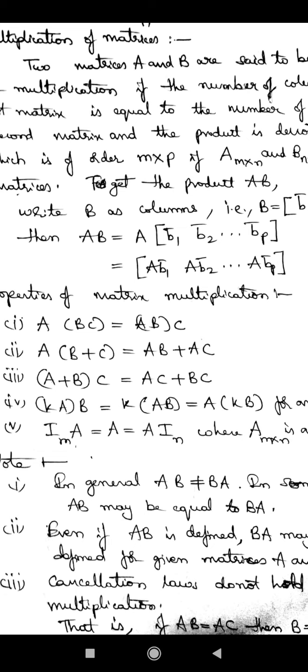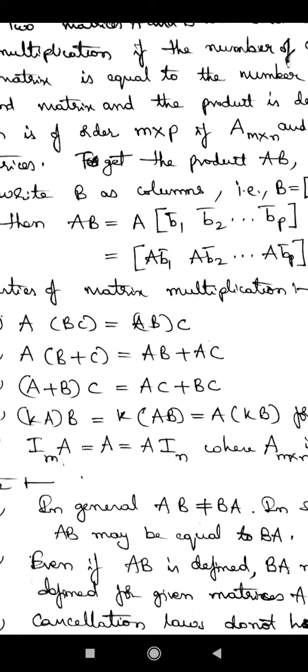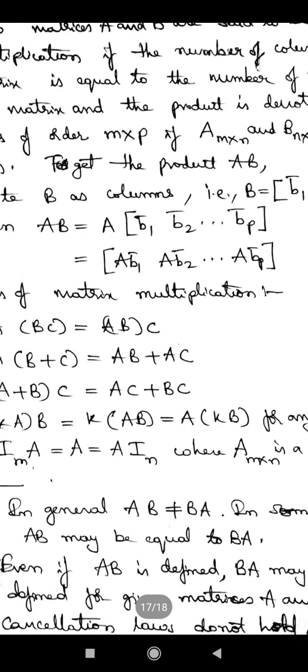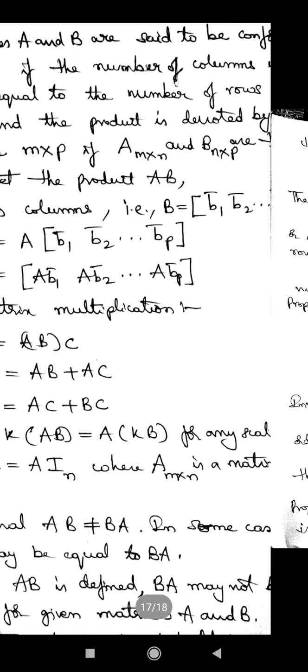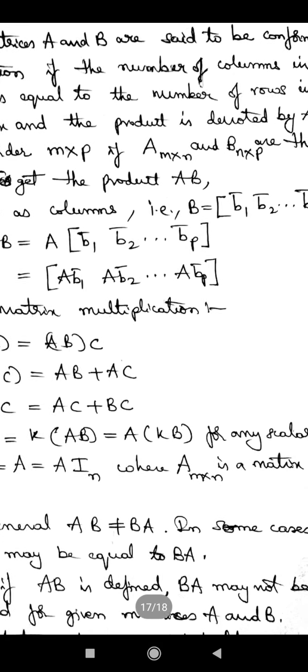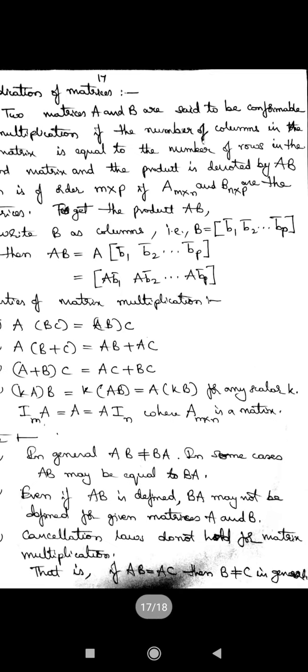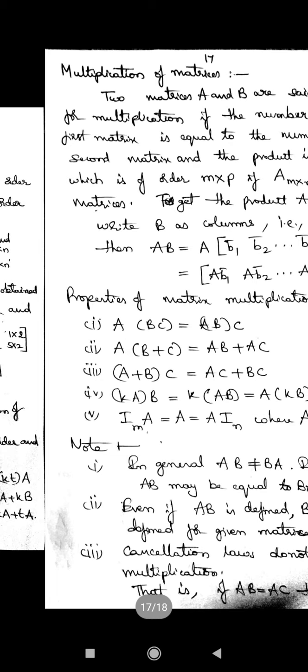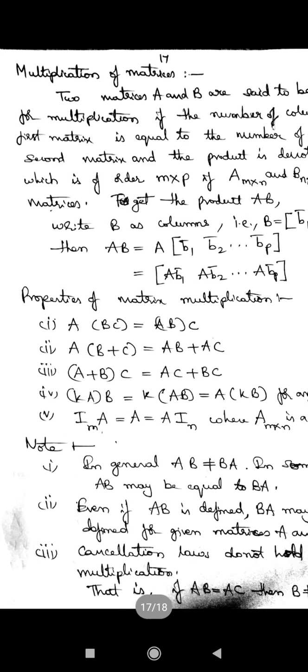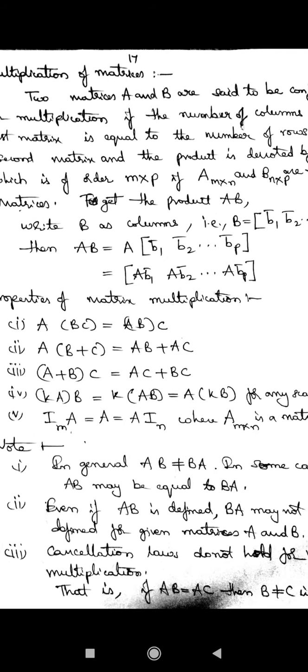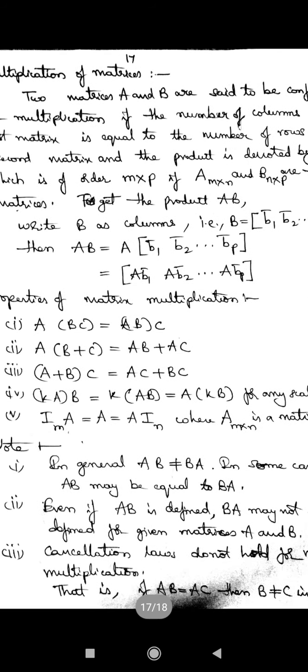The fourth property is that kA times B is equal to k times AB, and that is further equal to A times kB, for any scalar k. And the last property included in matrix multiplication is that I_m A is equal to A, which is equal to A I_n, where A is an m by n matrix.